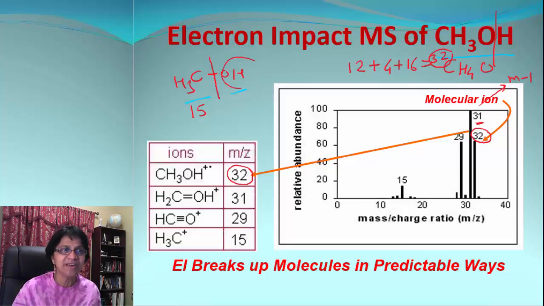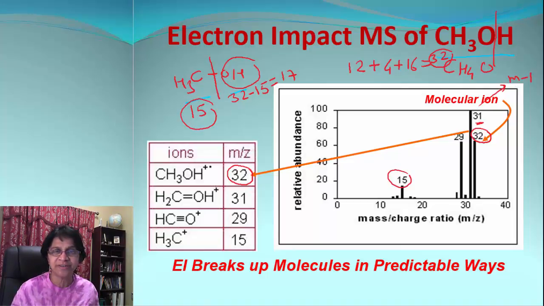And whatever is remaining, OH, is going to have a molar mass of 32 minus 15. That will be 17. So do we have any of these peaks? When you look carefully, you see that 15 shows up here. That means it corresponds to the group CH3. There is a small tiny peak at 17 present over here.